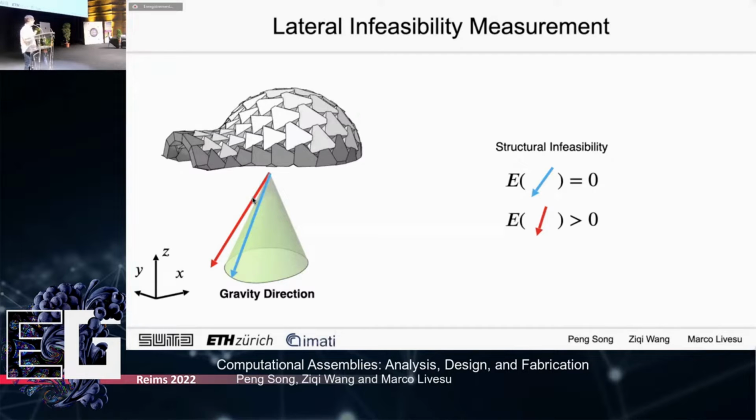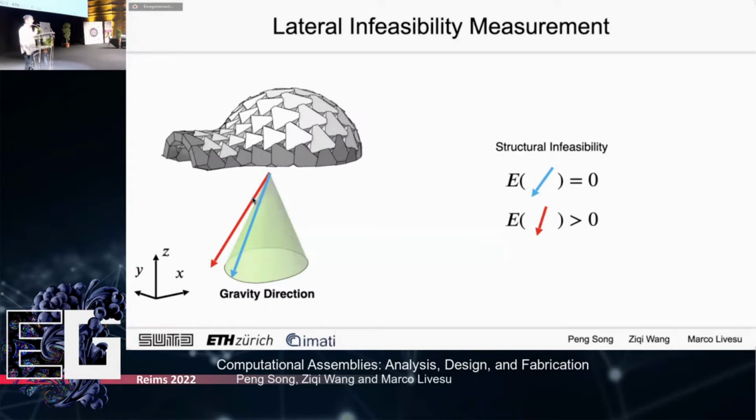For example, here we need to include the red gravity direction into the cone. Using the common infeasibility energy for just one gravity direction, we get these two values. For the blue arrow, because it's inside the cone, the infeasibility energy is 0.